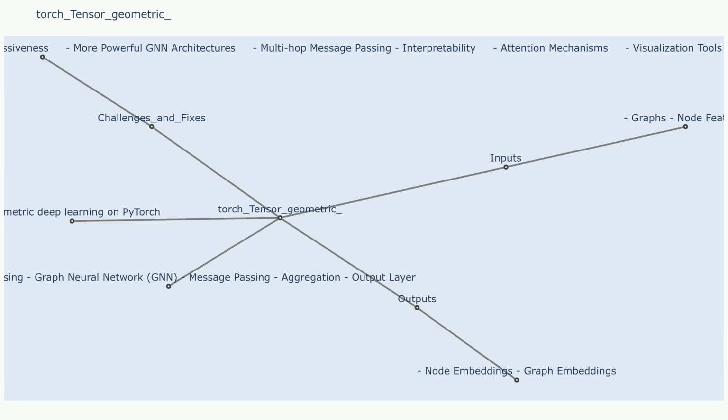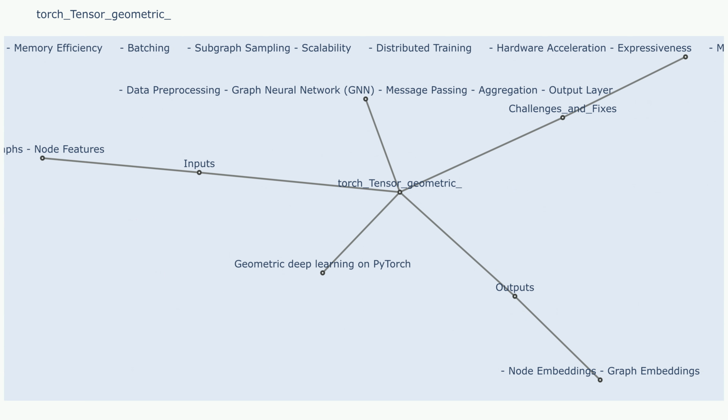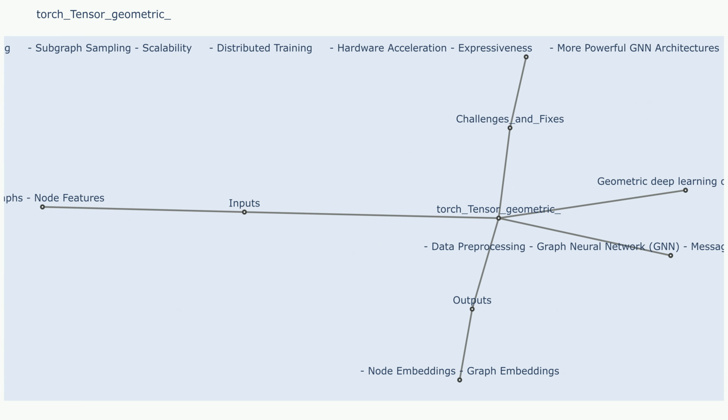Data preprocessing: The input data is processed and transformed into a format suitable for the GNN model. This might involve converting the data into the PyTorch Geometric data object, creating adjacency matrices, and extracting node and edge features. Model training: The GNN model is trained on the processed data using an optimizer and loss function.